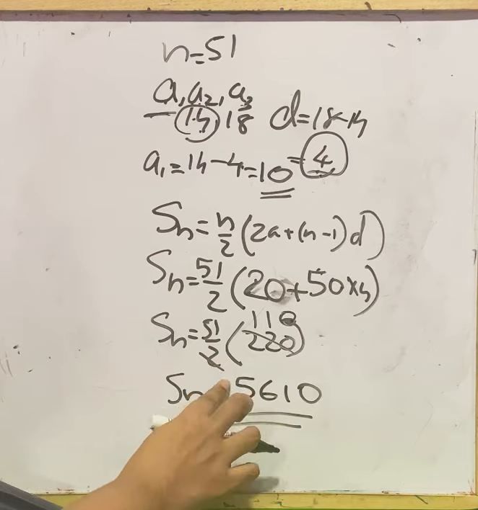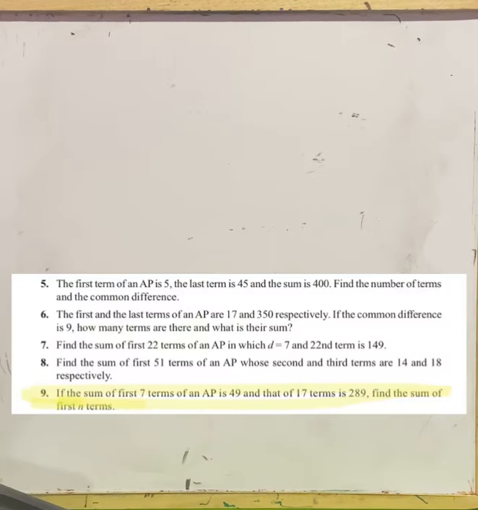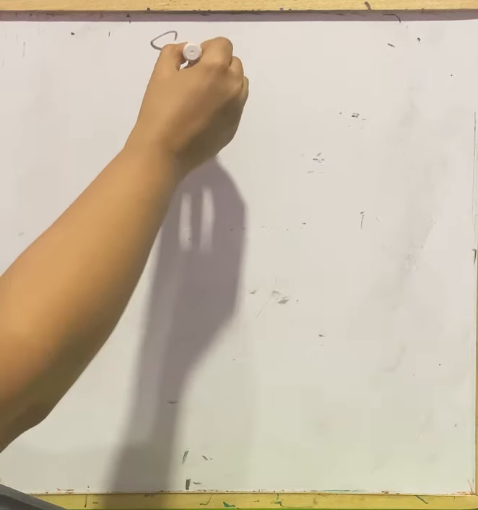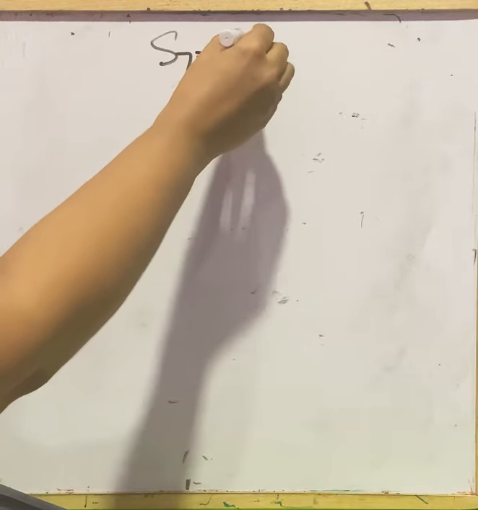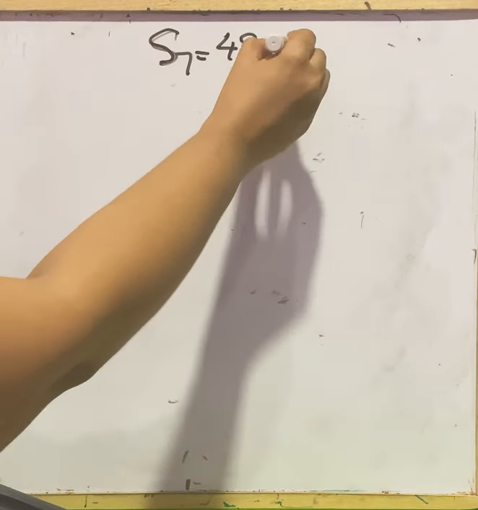This is the sum. Next question, if the sum of the first 7 terms of an AP is 49 and that of 17 terms is 289, find the sum of first n terms. Here the sum of the first 7 terms means n is 7. That is S7 equal to 49. Here n is 7.